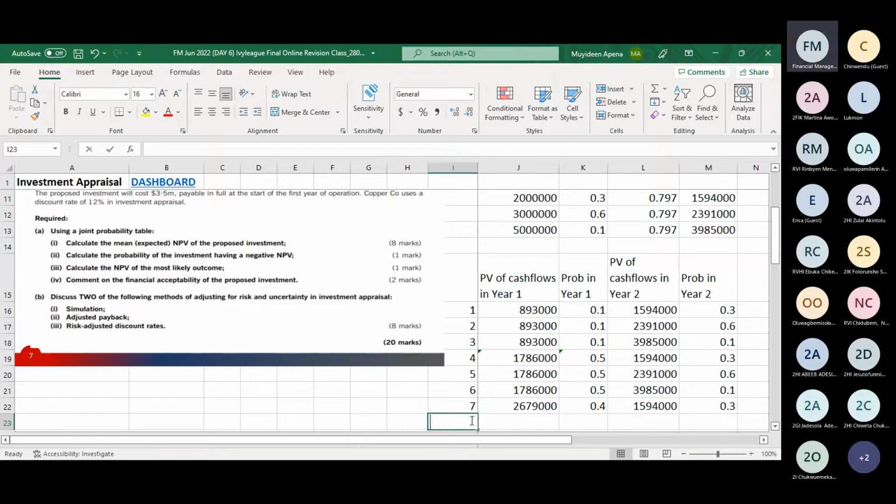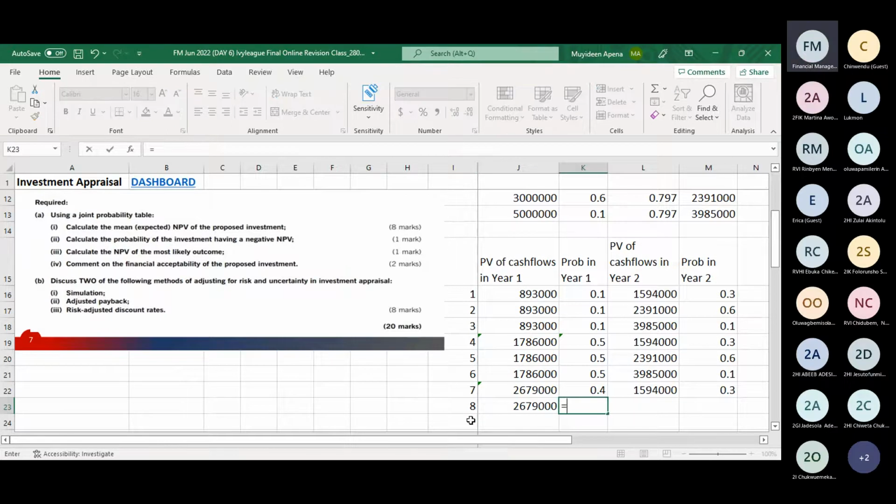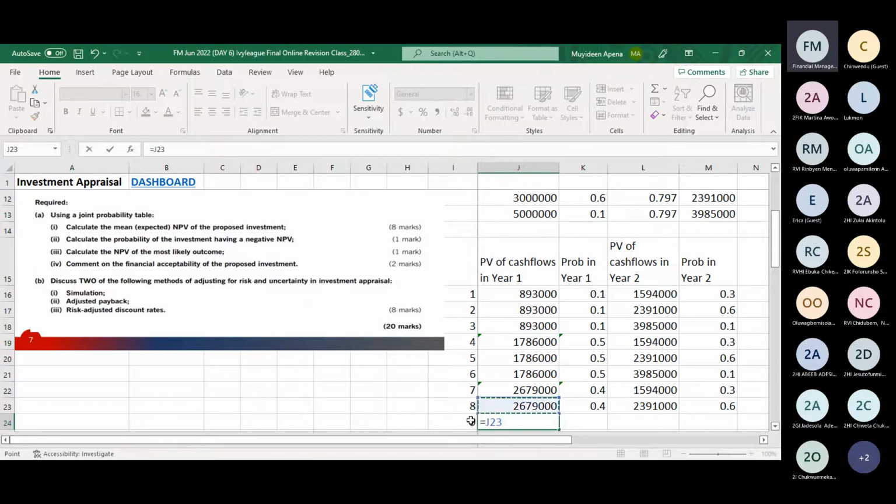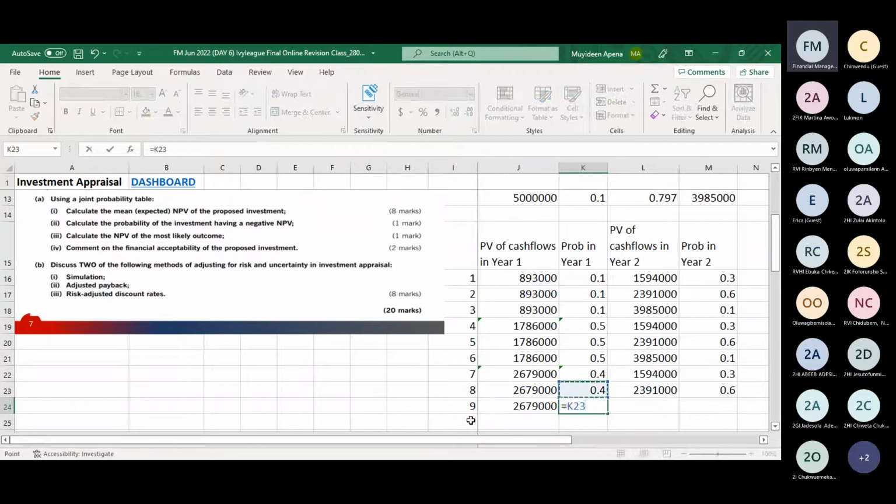The eighth scenario is that while this is maintained in year 1 at a probability of 40%, the situation in year 2 could change to the second one of 2,931,000 at a probability of 60%. And the last scenario is that while this is maintained in year 1 at 40%, the situation in year 2 could change to 3,985,000 at a probability of 10%.